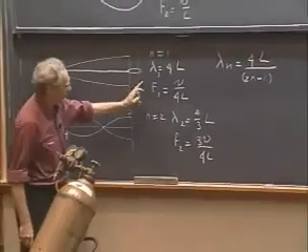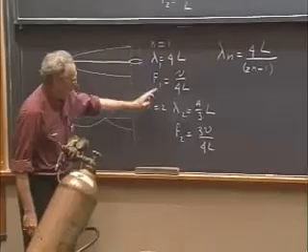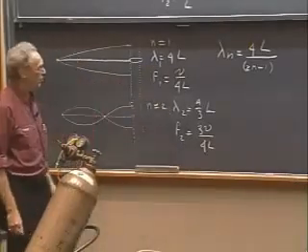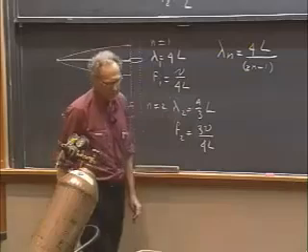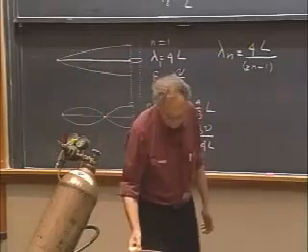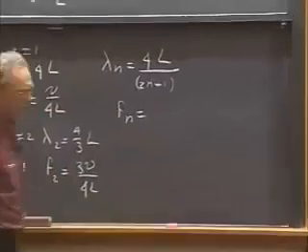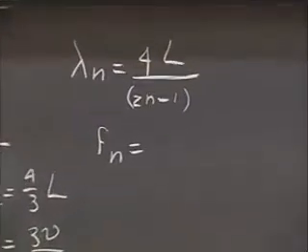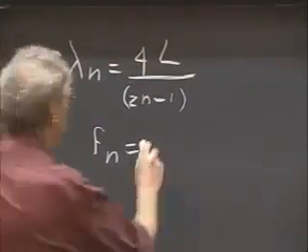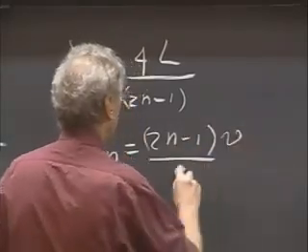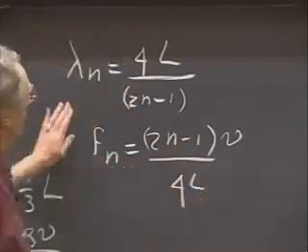Because if you follow here that you go from lambda 1 to lambda 2, it changes not by a factor of 2, but it changes by a factor of 3. And so the frequency in the nth mode, which is the velocity divided by lambda n, is 2n minus 1 times the velocity divided by 4L.